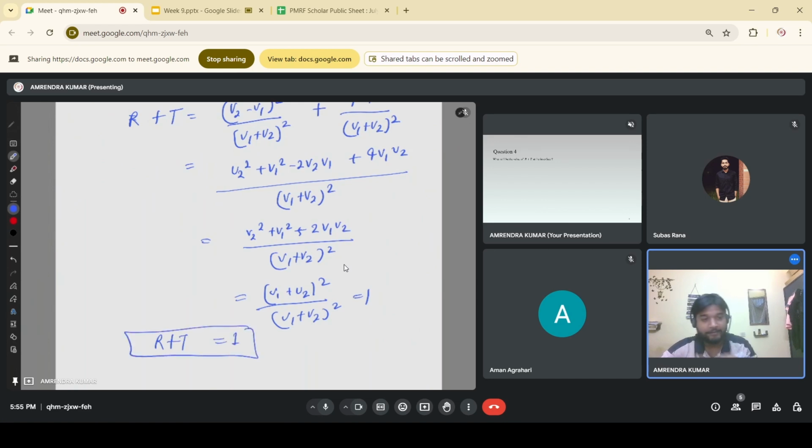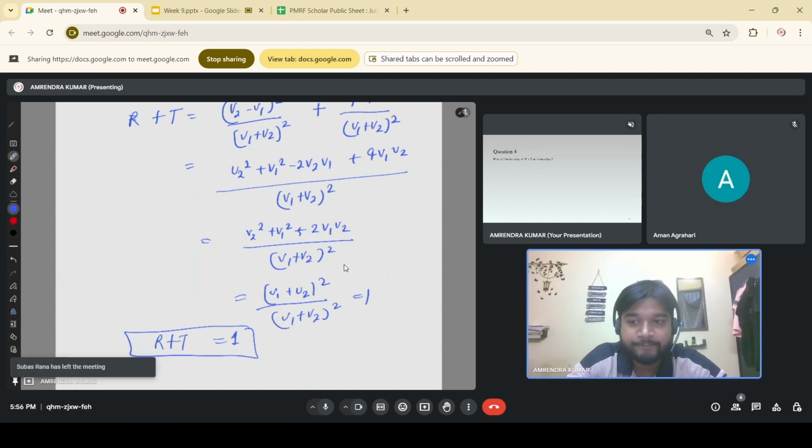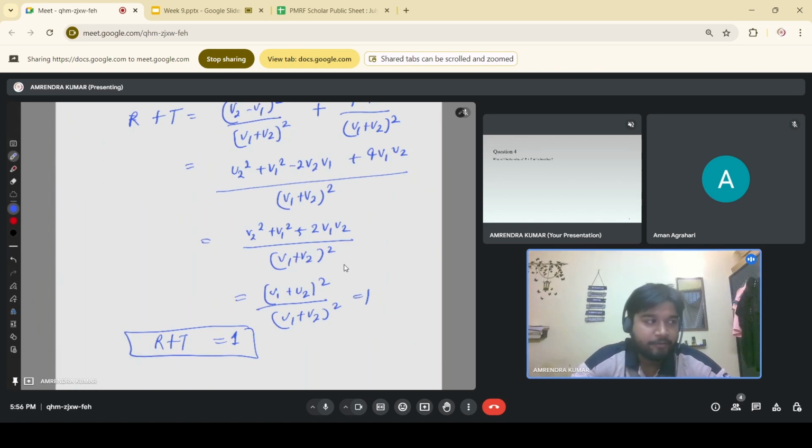What does it mean? What does this signify? It signifies how much is being transmitted and how much is being reflected. If we are sending something at the interface with 1 watt of power, whatever is transmitted and whatever is reflected should sum to that power.